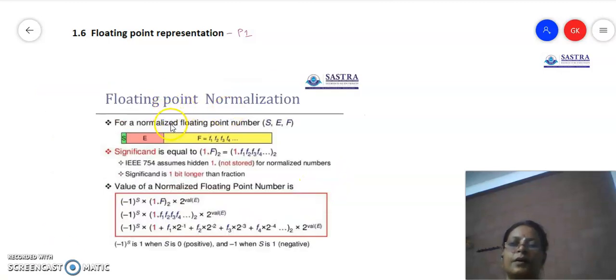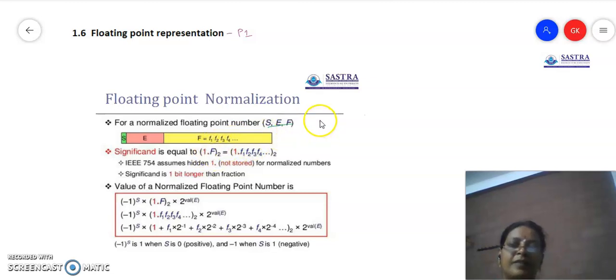Now for the normalized floating point numbers, as we all know, we have three components in the floating point representation: the sign, the exponent, and the fraction. So this will be the format given. Now what will be the value that is going to be considered? The sign is not going to be disturbed, and the fraction part we have f1, f2, f3, f4. This fraction part is decided only after the binary point.